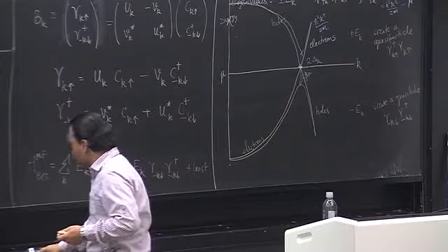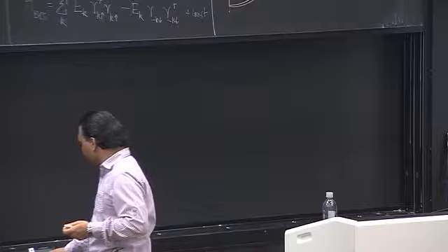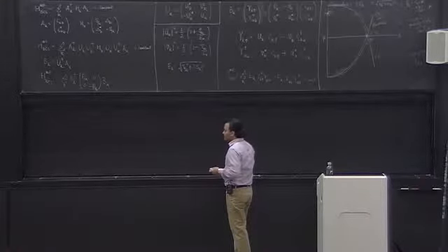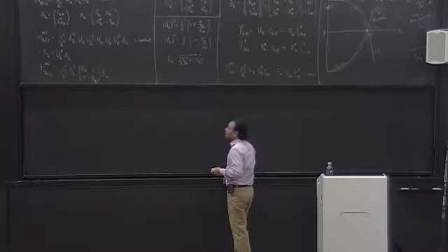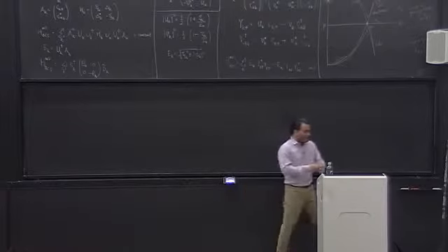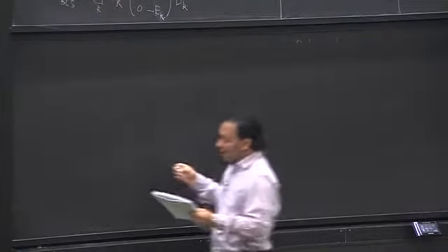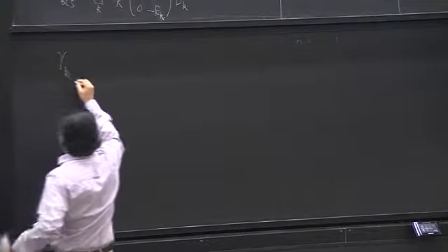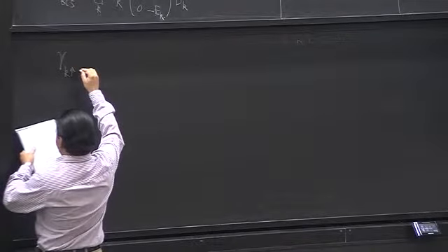Let's discuss. Also, there will be problems in the homework where you would show this explicitly. So what the ground state would look like, you can show that gamma... in the homework, you would show this.